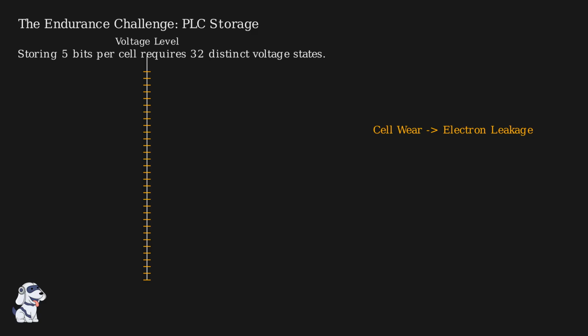As electrons leak from the charge trap, the voltage thresholds shift. In high-density PLC storage, this slight shift causes states to overlap. Once the controller can no longer reliably identify the specific voltage level, the data is lost. This physical limit is why endurance drops as we increase bits per cell, necessitating advanced AI-driven error correction to stay functional.